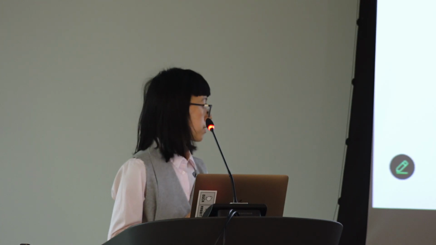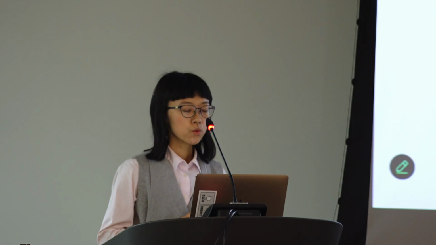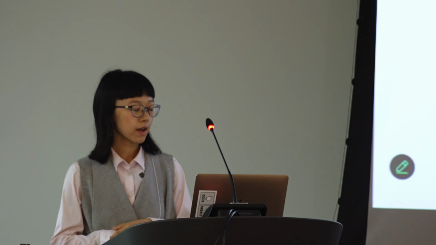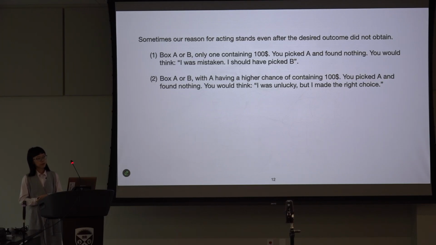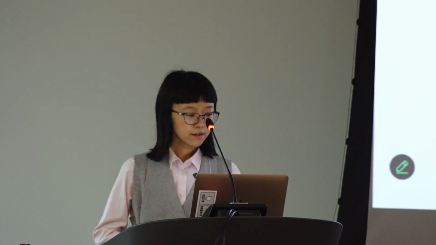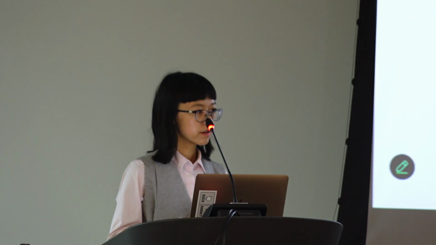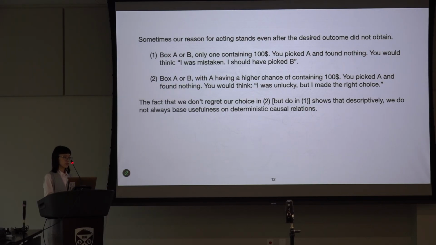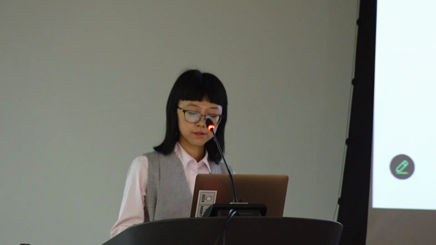And the second scenario, again, you can choose box A or B, with A having a higher chance of containing $100. Again, you picked A and you found nothing. This time you would think, oh, I was unlucky, but I made the right choice. And if I could choose again, I would still choose A. Now, the fact that we don't regret our choice in the second scenario, but we do regret in the first scenario, shows that, at least descriptively, we do not always base usefulness considerations on deterministic causal relations.